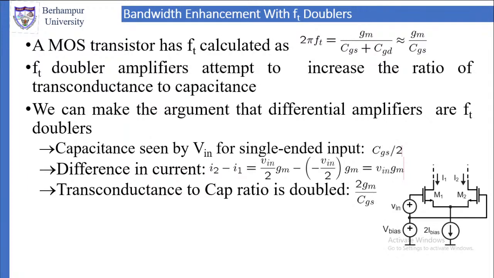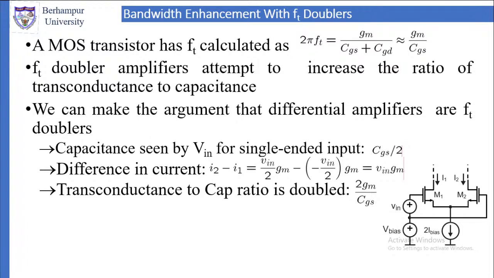Ft doublers in amplifiers attempt to increase the ratio of transconductance to capacitance. If you increase Ft, the ratio Gm by CGS will increase, because 2 pi Ft is equal to Gm by CGS, and 2 and pi are constants.